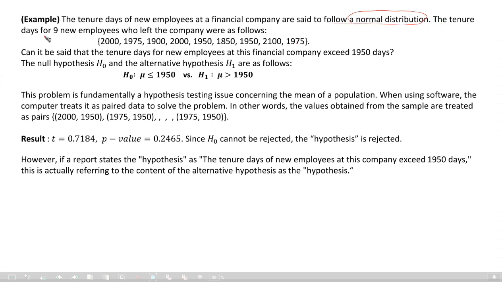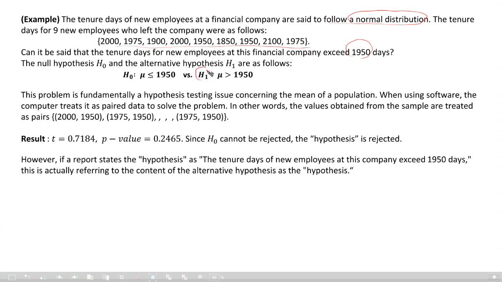The tenure days for 9 new employees who left the company were as follows: 2000, 1975, and so on, 9 data points. Can it be said that the tenure days for new employees at this financial company exceed 1950 days?